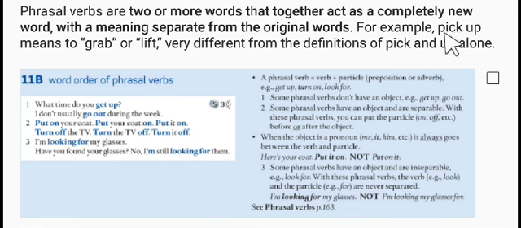Pick has a different meaning and up has a different meaning. For example, pick means to grab, to take something.